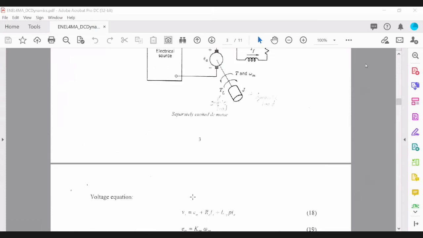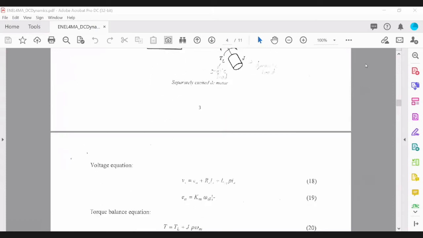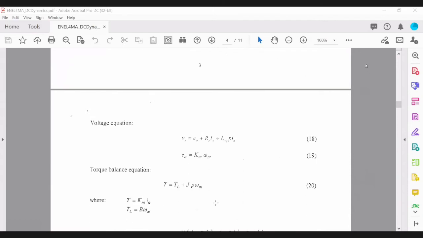So your EA, the induced voltage, is proportional to the speed of the motor. So EA will be Km times omega m. And the torque balance equation, so your total torque will be equal to the load torque plus J times P omega m.